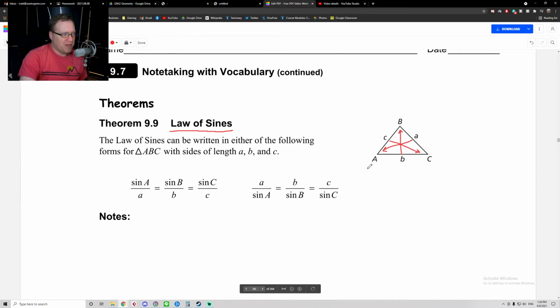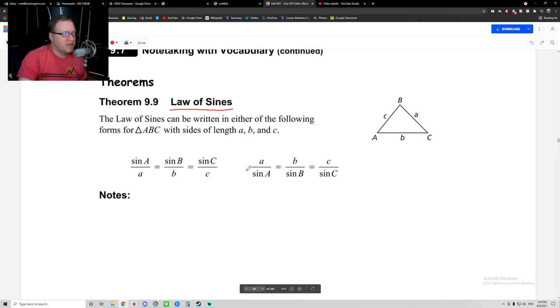So if we have a triangle that looks like this, the law of sines tells us that these ratios are always going to be equal. So the sine of A, if we take the sine of this angle and we divide it by this side, it is going to equal the sine of this angle divided by this side.